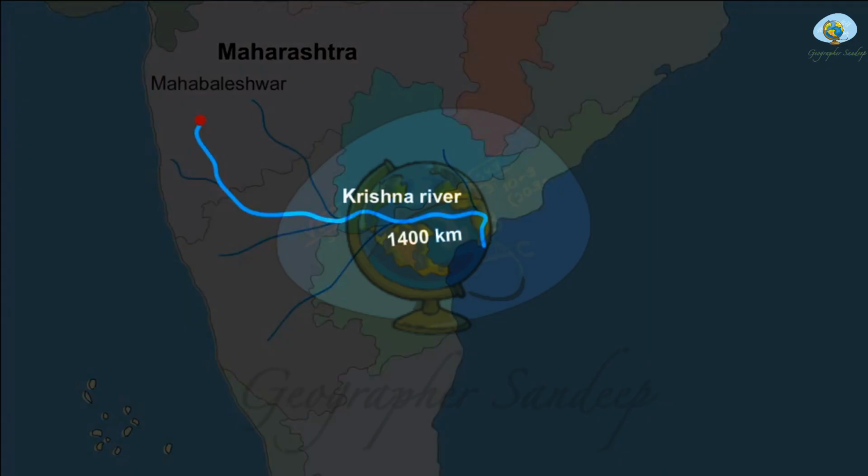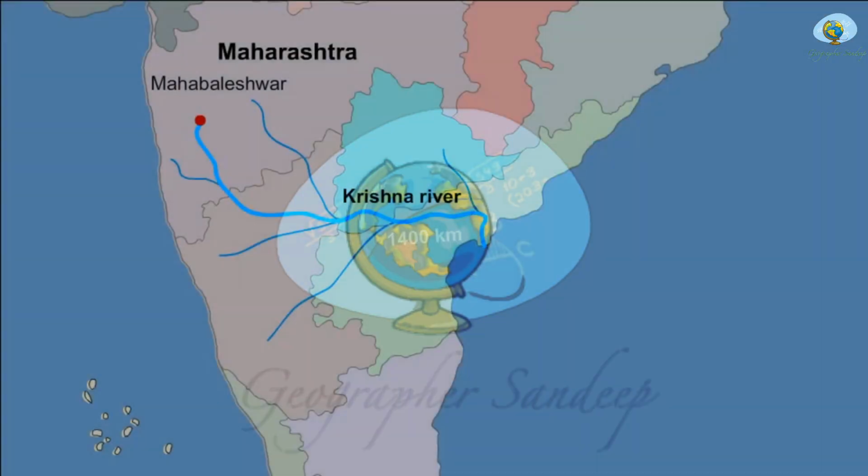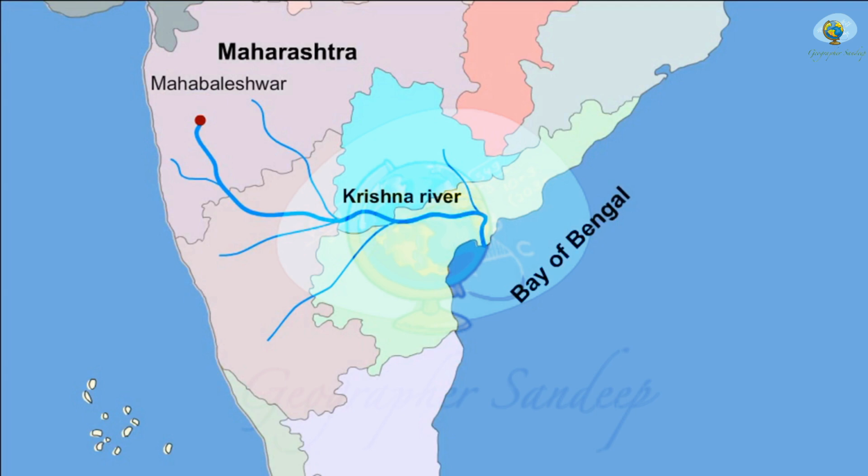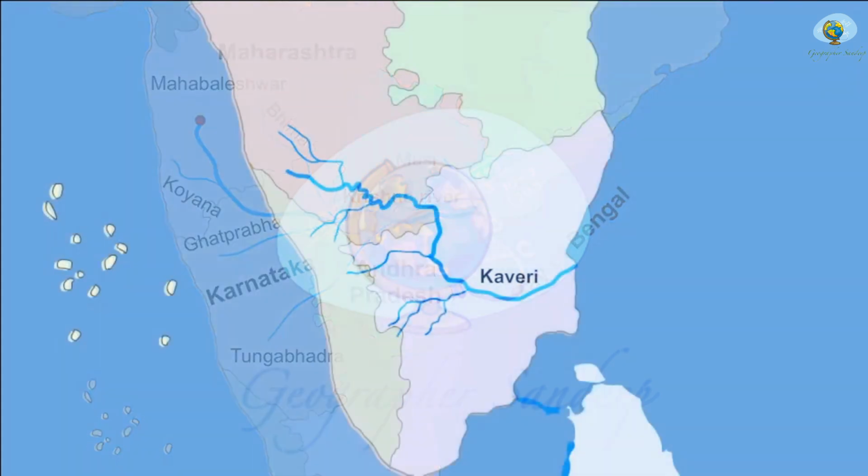It is 1,400 kilometers long and flows into the Bay of Bengal. Its major tributaries include the Tungabhadra, the Koyna, the Ghat Prabha, the Musi and the Bhima. Its drainage basin is spread in Maharashtra, Karnataka and Andhra Pradesh.